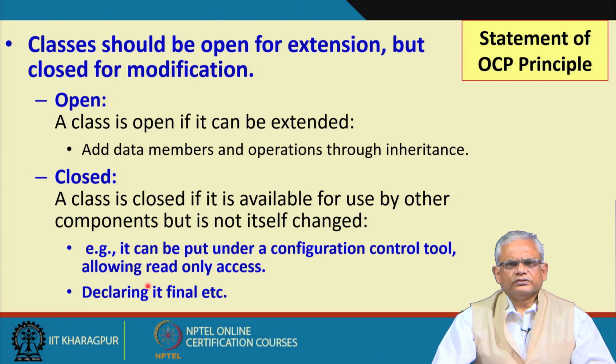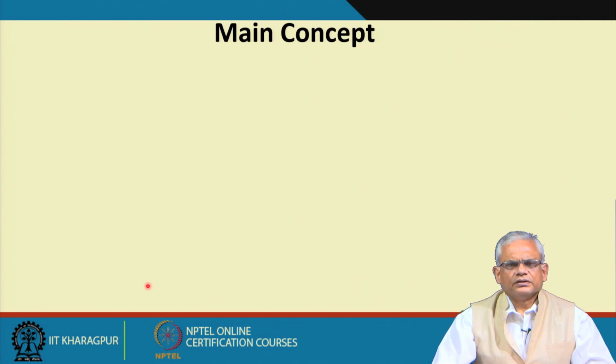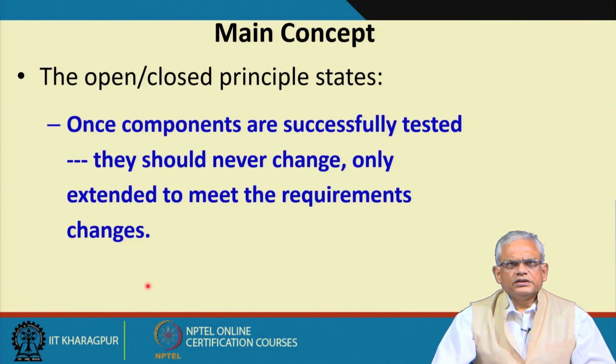The second is we may declare it a final class. The main concept of the open closed principle is that once the components are successfully developed and tested, we should not change them, but depending on our requirement we might extend them to add additional behavior, to change behavior and so on.